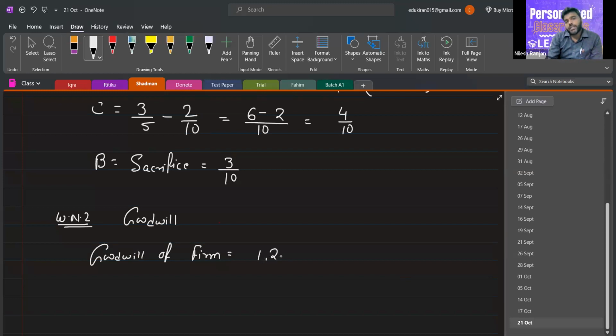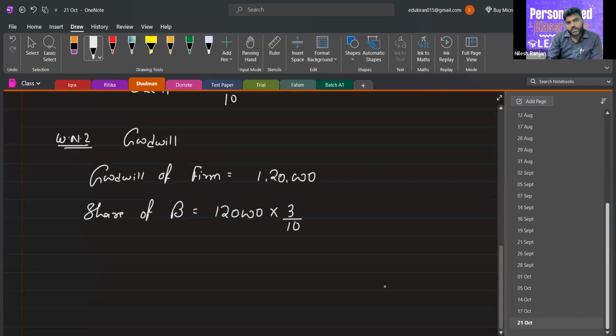Goodwill of the firm is 1,20,000 and the share of B is 1,20,000 into 3/10, because B is sacrificing 3/10. So 36,000 for B.